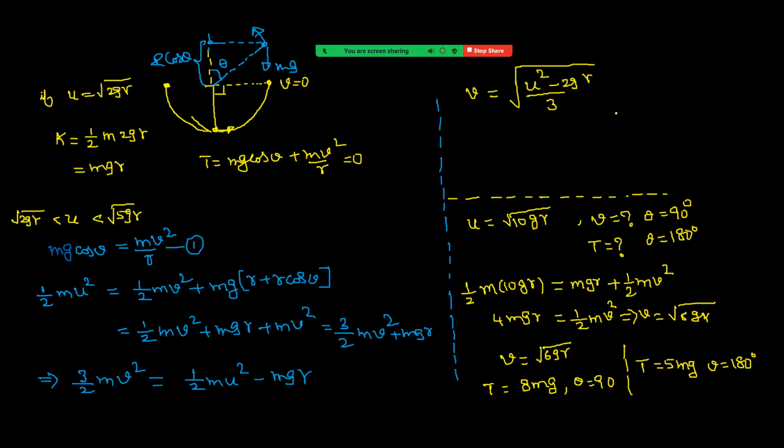Now substitute this value in equation 1 to get the value of cos theta. In the place of v square, substitute this value.